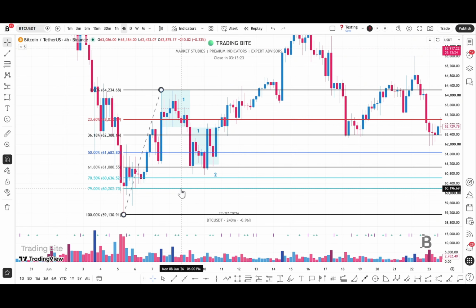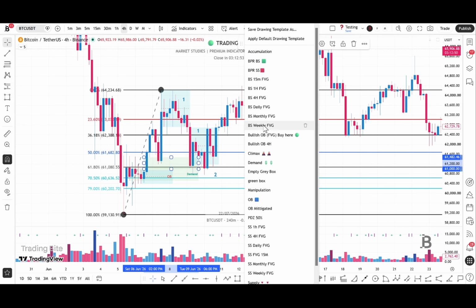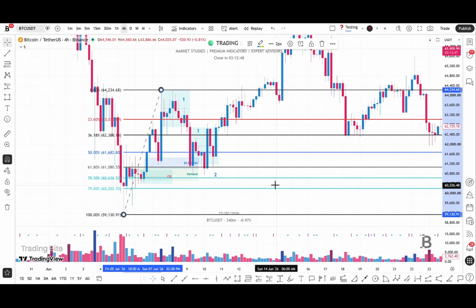So 1 plus 1 equals 2 here, and when the calculation shows 2 at this level, different strategies say order block, supply demand, and then fair value gap. Now look at this. Don't you think so? It's a coincidence. Everything is coming right where the equation equals 2. 1 plus 1 equals 2, and supply is there, demand is there, order block is there.